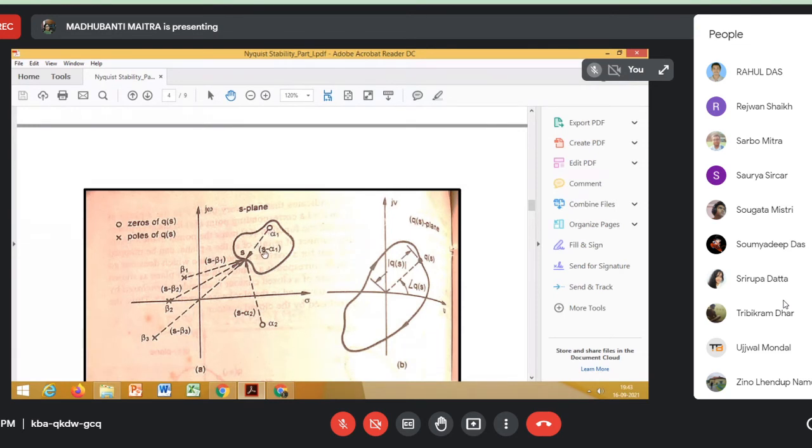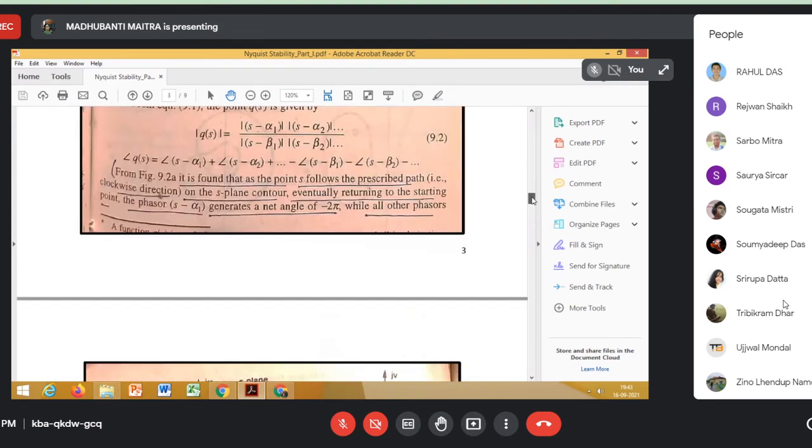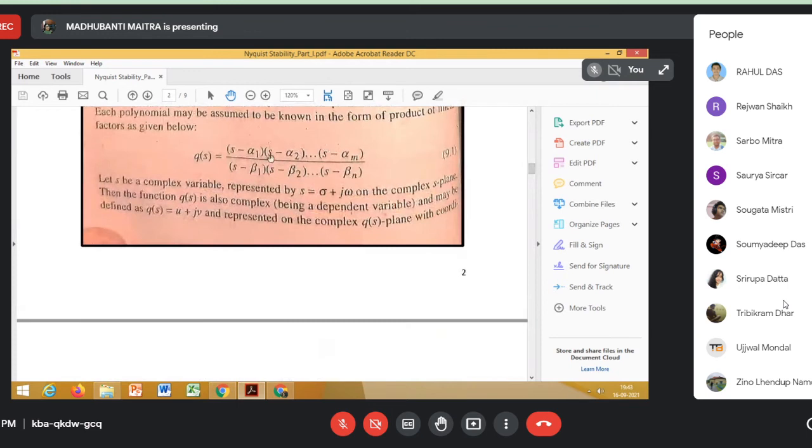Now let's assume that the given Q(S) has its zeros located at alpha 1, alpha 2, and these are the poles beta 1, beta 2, beta 3, and so on. Just refer to this equation. So the alpha i's are the zeros of this Q(S), which is an arbitrary function of S, and the beta j's are the poles of this Q(S).